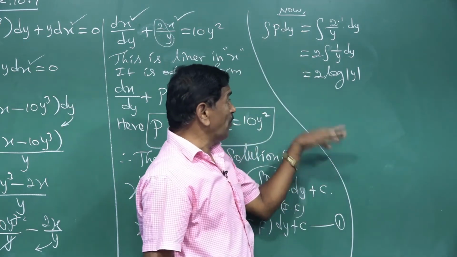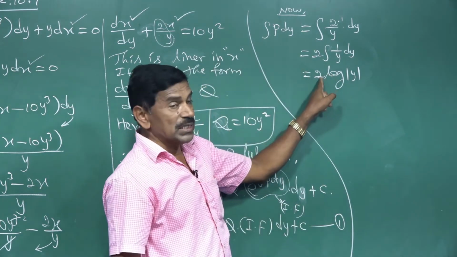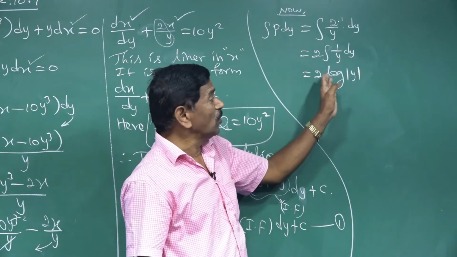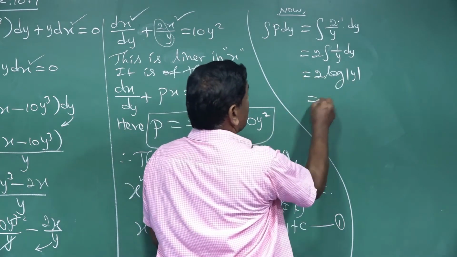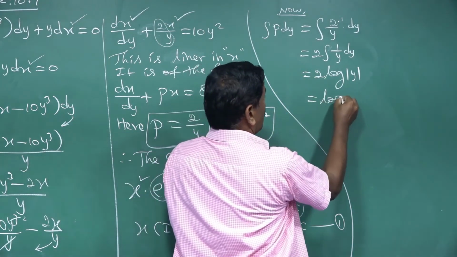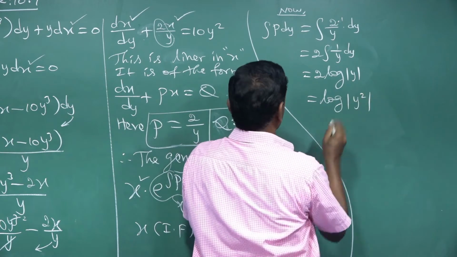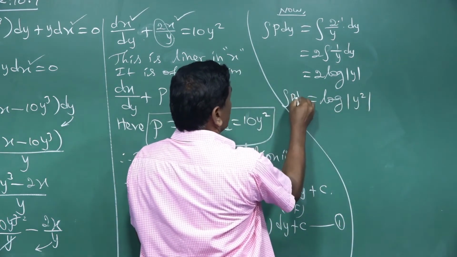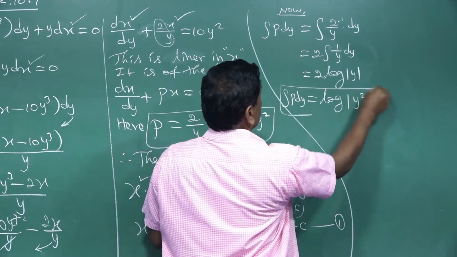Now for our convenience, the coefficient 2 goes to the power, by the power rule, so log modulus y squared is the integral P dy. So the integral P dy answer is ready.